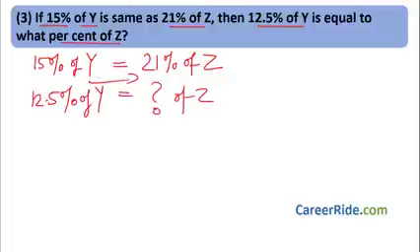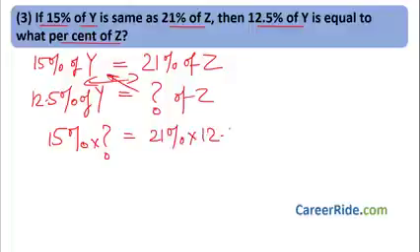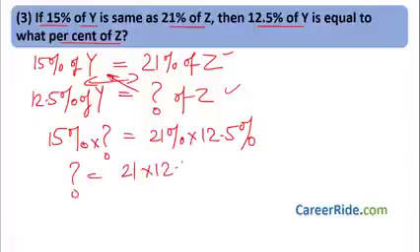Simply cross multiply. What do we get? 15% into question mark equal to 21% into 12.5%. Now why could we simply cross multiply? Because we had Z on one side, Y on one side. Okay, so we'll have question mark equal to 21 into 12.5 divided by 15.